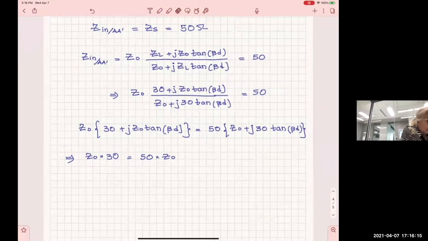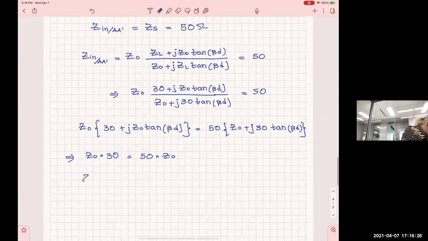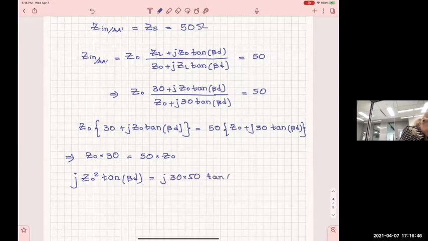And then the imaginary part will be Z naught squared j tangent beta D to be equal to j 30 times 50 tangent of beta D.